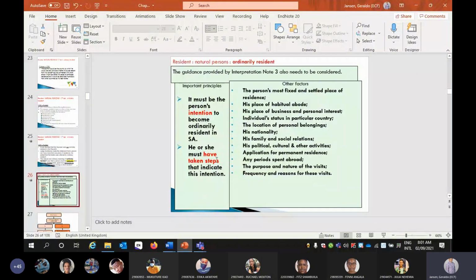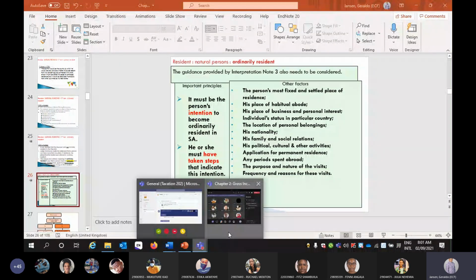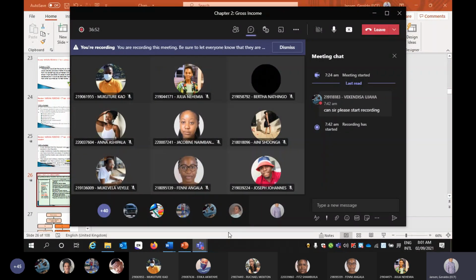Now, guys, clearly from these two steps, we can see that, for instance, without looking at the slides, I would look at, did you apply for permanent residency? Because that would give me an indication of your intention. If you are now staying in South Africa for 3 years, but you keep on telling me, no, I don't want to apply for permanent residency because I'm going back to my country, I would probably then argue and say, oh, it seems like your intention is not to become an ordinary resident.